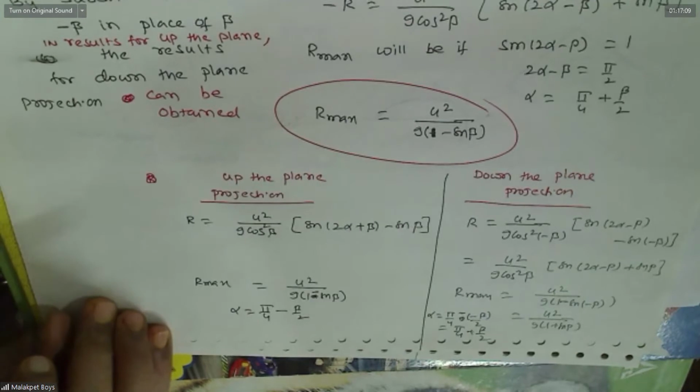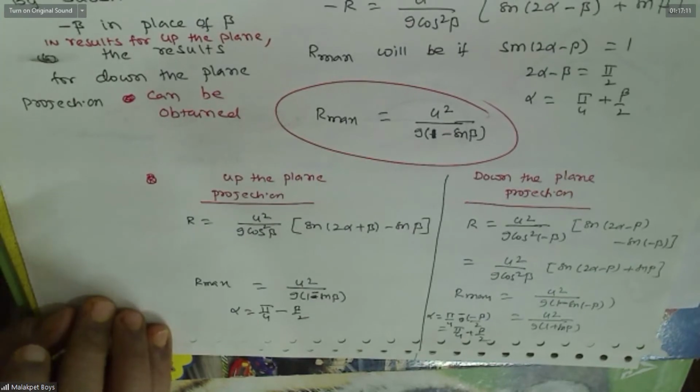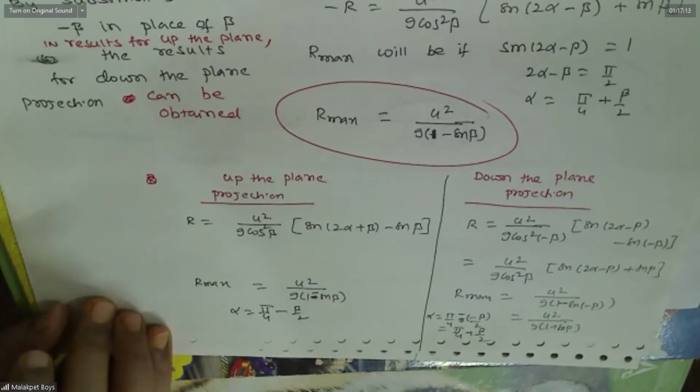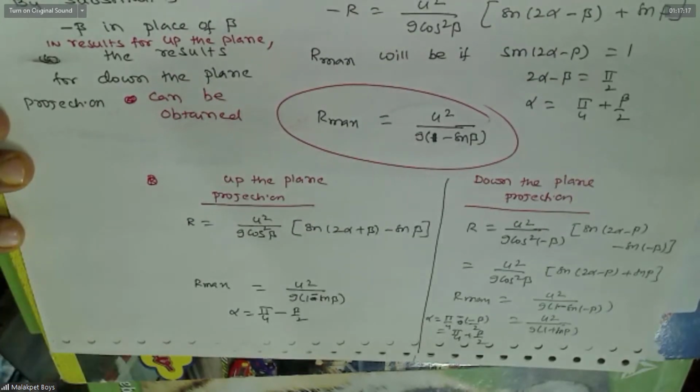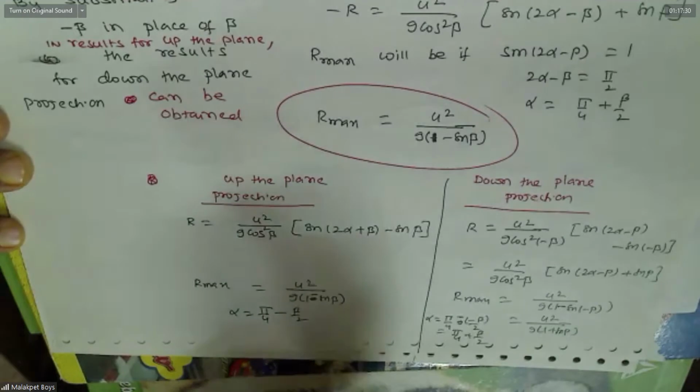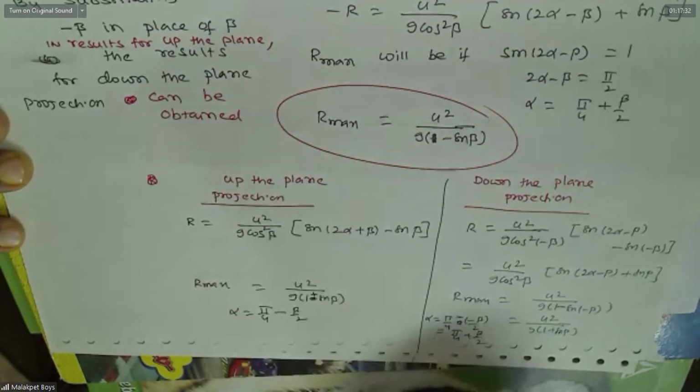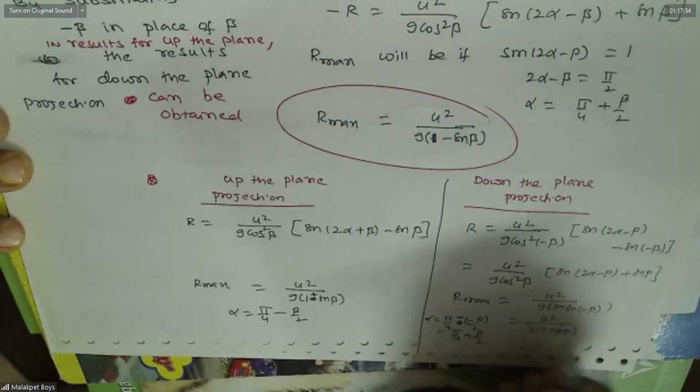Yes, understood, sir. Sir, for up the plane, R max is u square by g into 1 plus sin beta. Down the plane is u square by g into 1 minus sin beta.